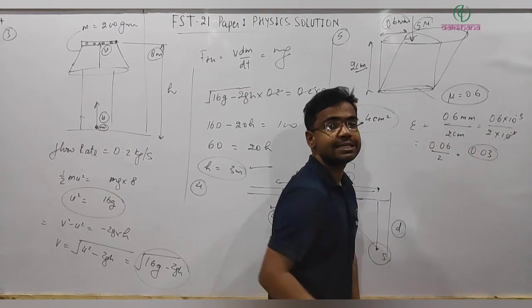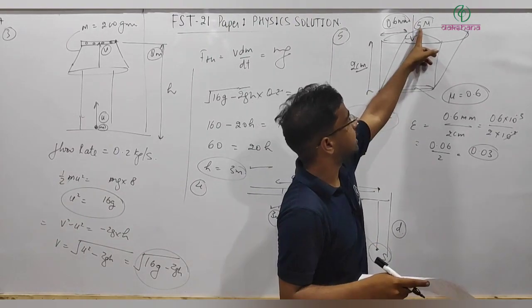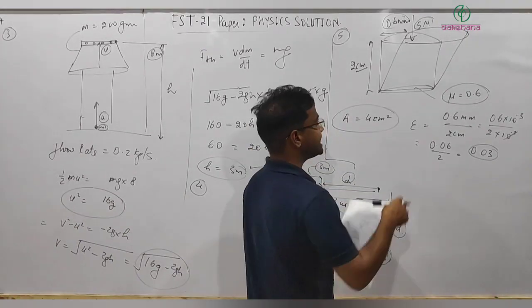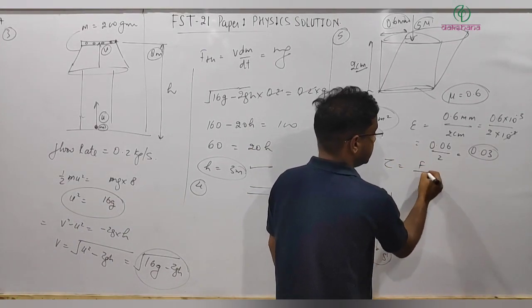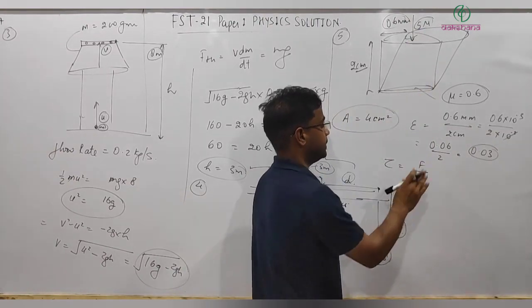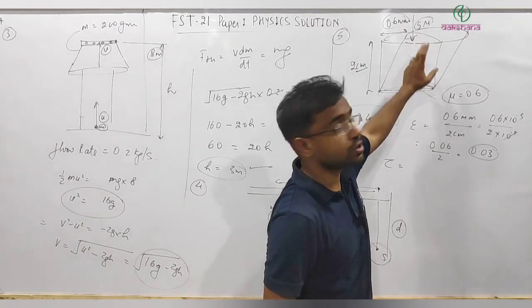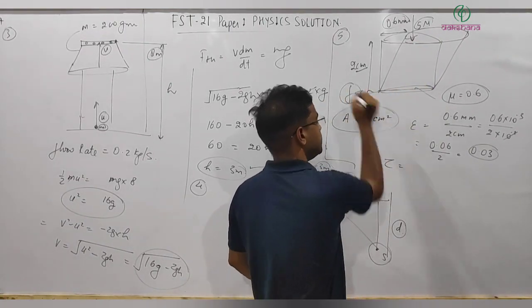This is the shear strain. And normal reaction we already got, that is 5 Newton. Area of cross section is this. So shear stress tau is shear force divided by area. You should understand that this is the normal force, and the shear force will come because of friction force. So friction force we need to calculate.